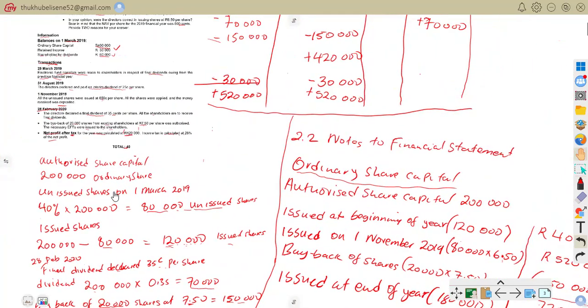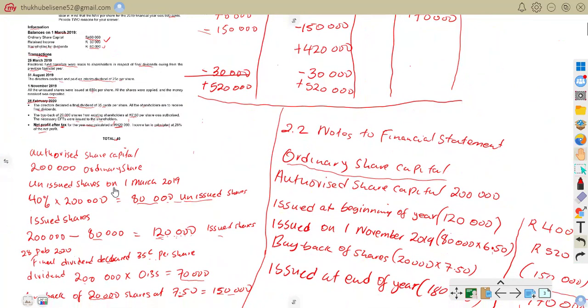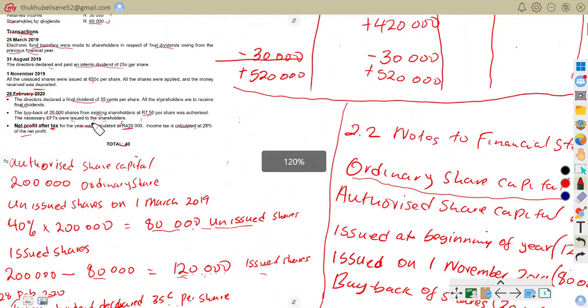The last question, on the 28th February, we're told that the net profit after tax for the year was calculated at 420,000, and income tax is calculated at 28%.